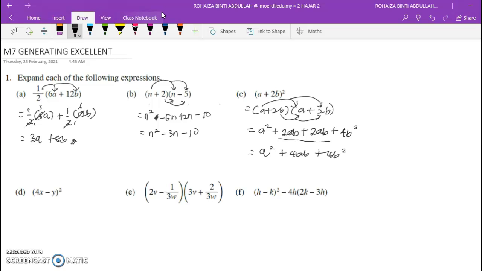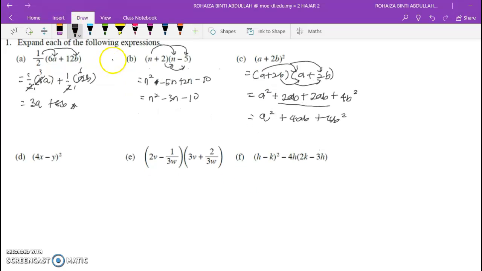Okay, for question D, same with question C. 4x minus y and again 4x minus y. Okay, now open the bracket.